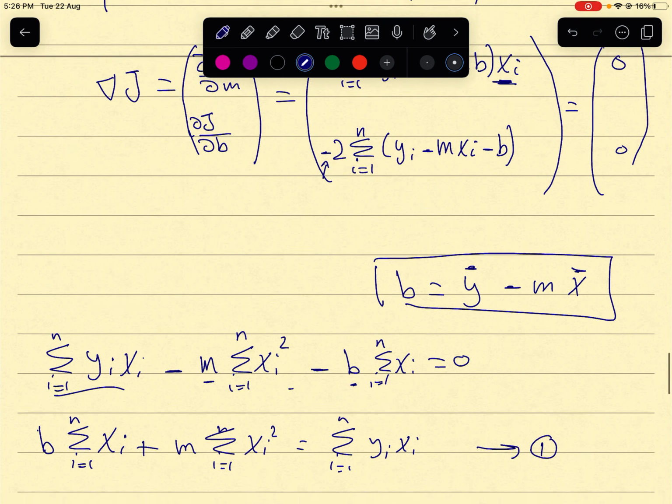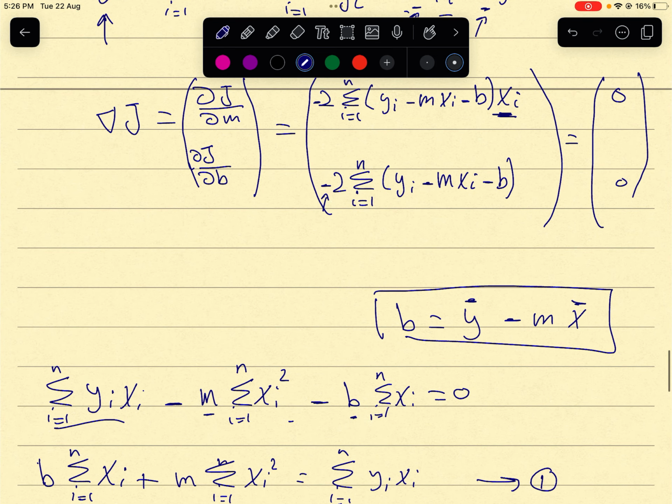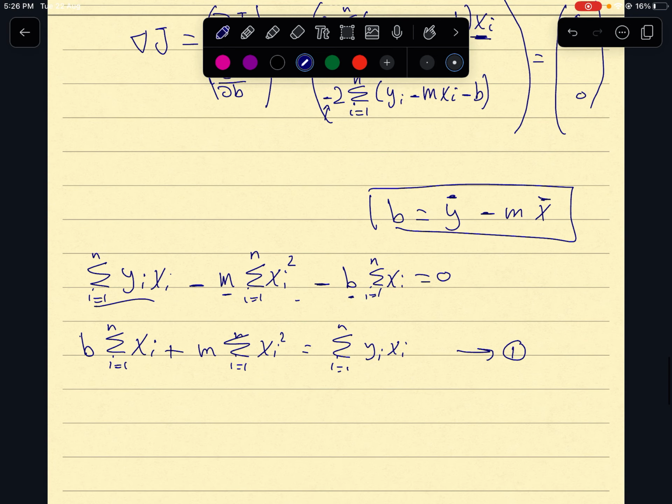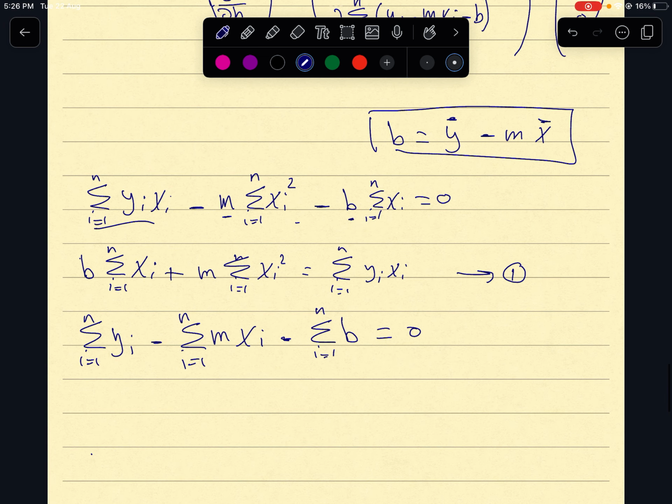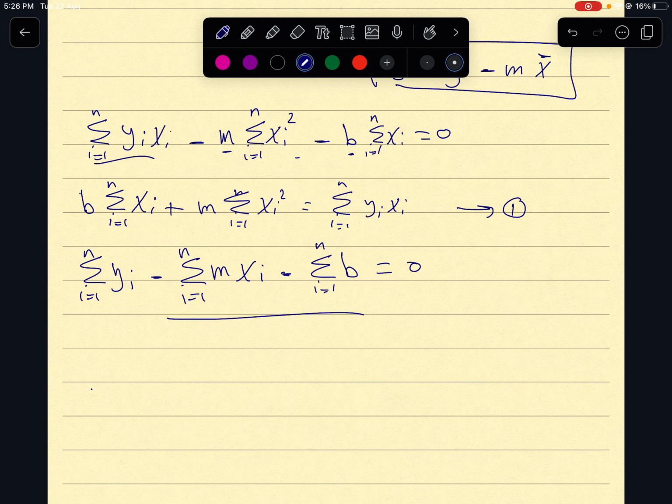I will use the second equation also. So the second equation is the sum i equals 1 to n of yi minus sum i equals 1 to n of m xi minus sum i equals 1 to n of b equals 0. So I can move these two terms to the right hand side.